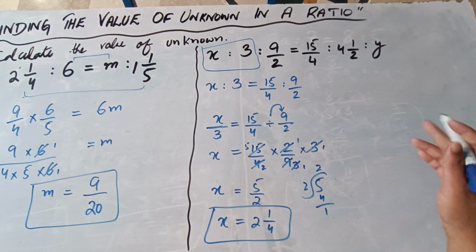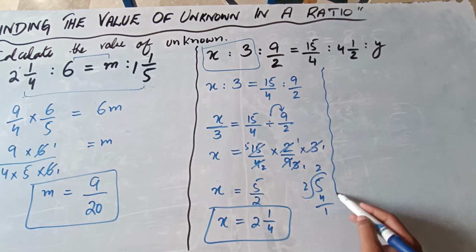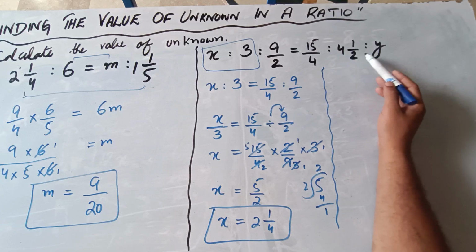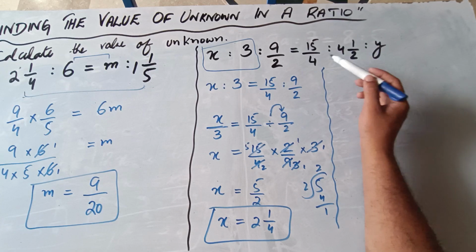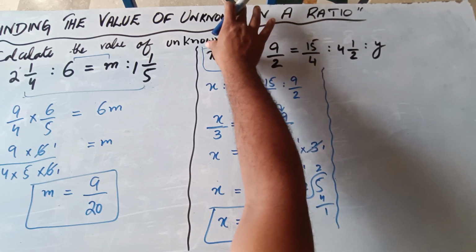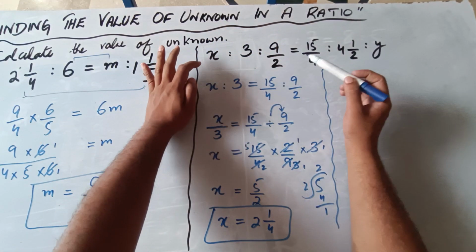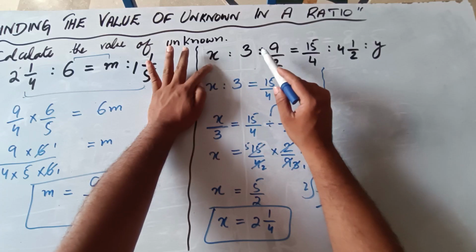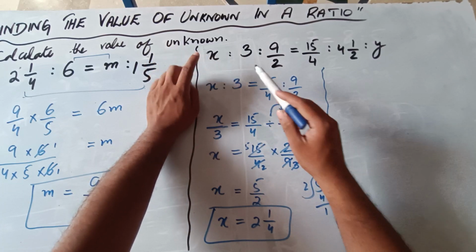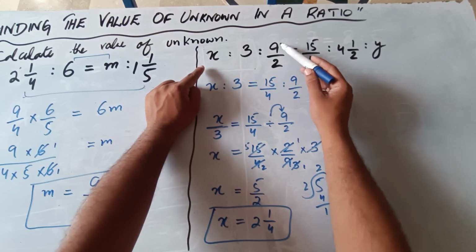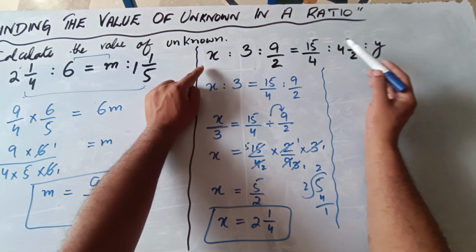Now let's find out the value of y. If you will see, y is in the last two, so now we can make a pair of the last two with the last two. Now we know the value of x. 5 by 2 ratio this, so these two would be the corresponding values.